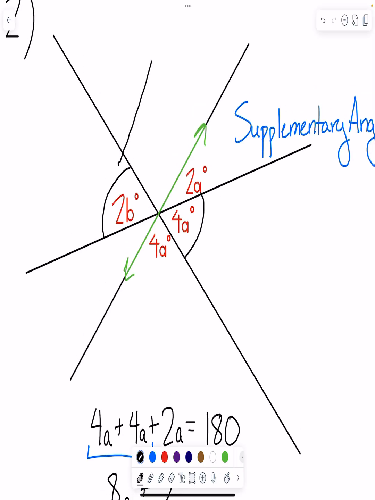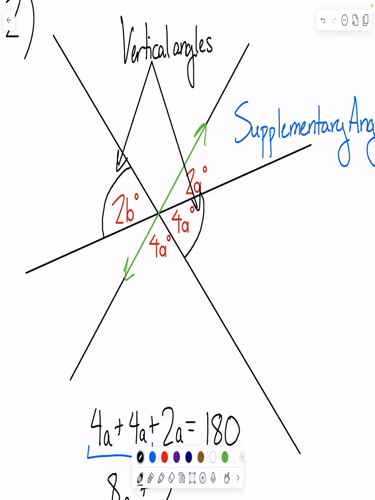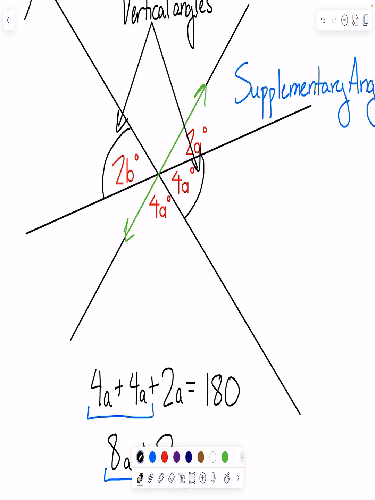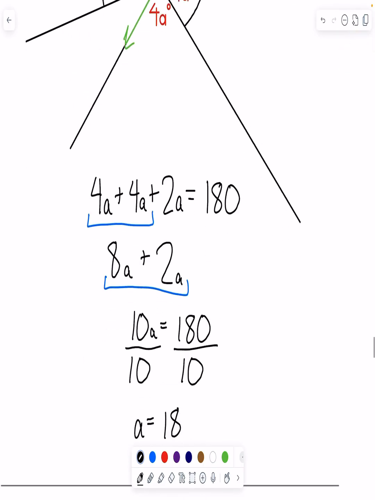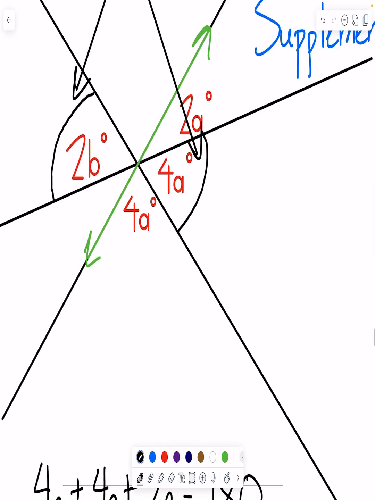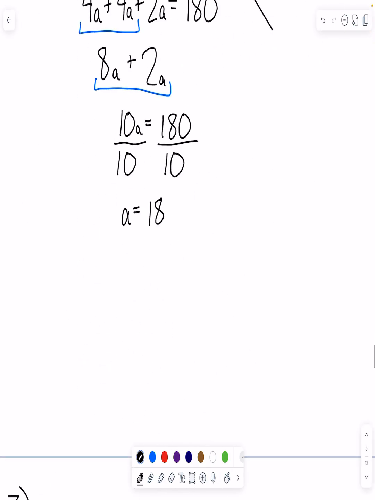Given that these are vertical angles, once we plug this 18 back in for A, 4 times 18 is equal to 72 degrees, so I can say that 72 degrees is equal to 2B.